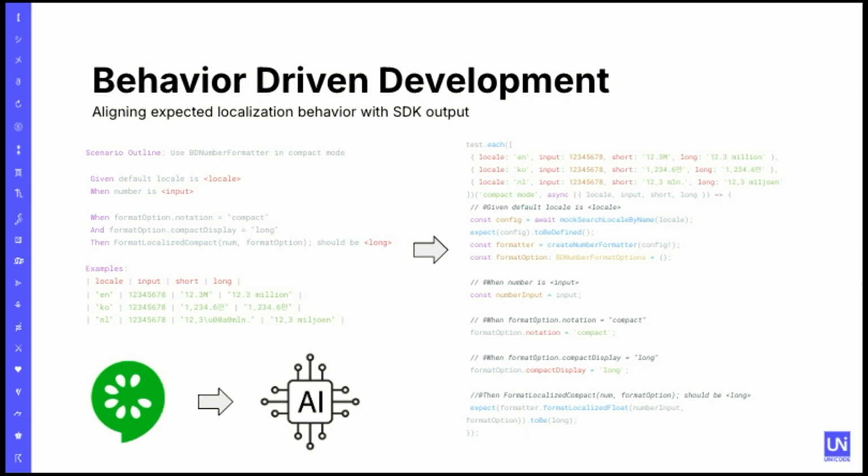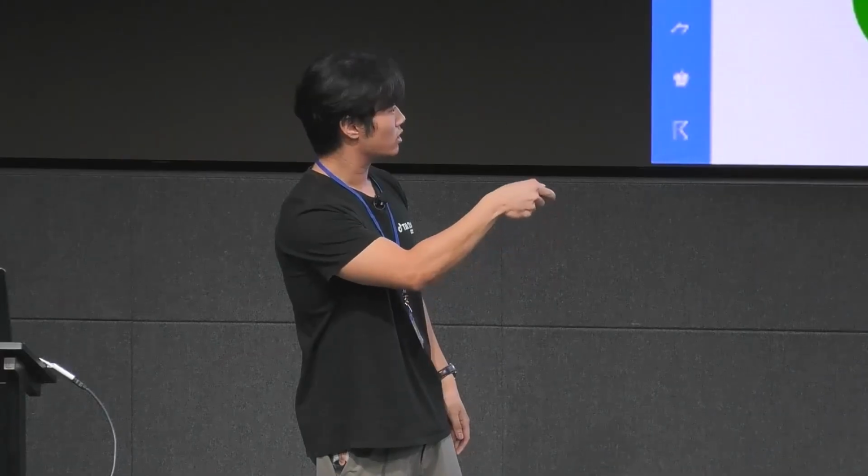So basically, the PMs will take requirements from linguists, asking what is the most local way that this display would look in this locale, and they'll write test cases for that in this plain text format. Pretty simple, pretty easy. And from there, it gets turned into test cases. Now, Android and iOS have their own test cases. I work on web, which is TypeScript/JavaScript, and so this is Jest.